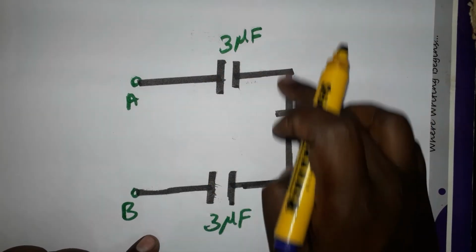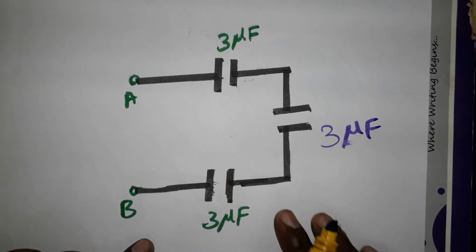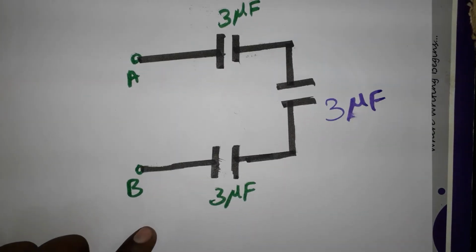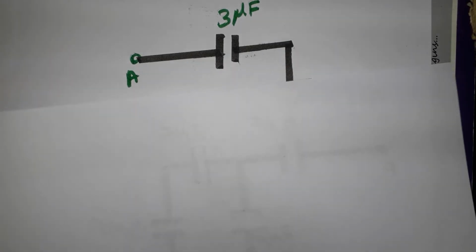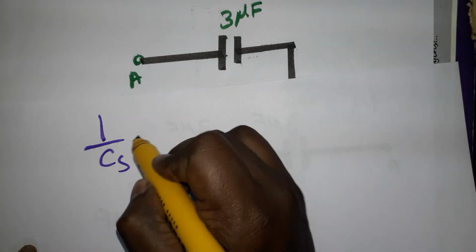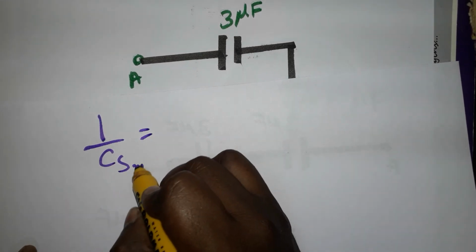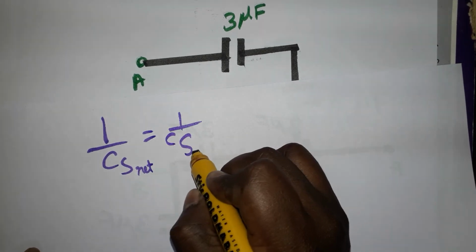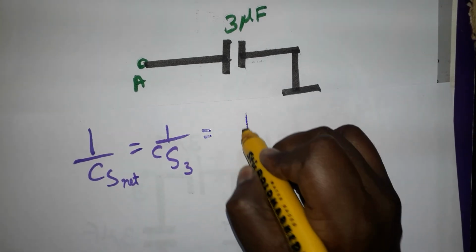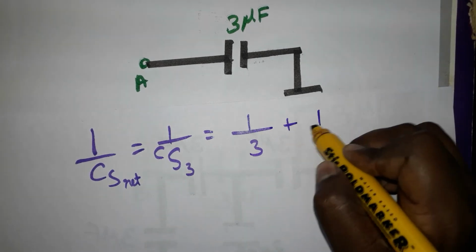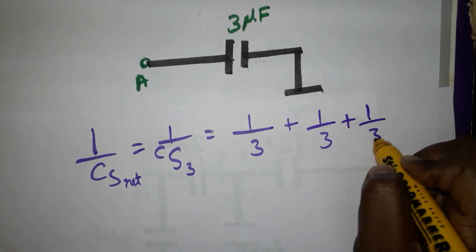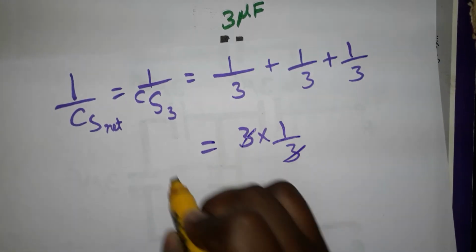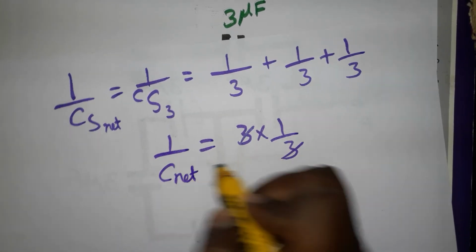Now you can see these 3 are in a series. Already I told you what the series formula is. The series formula is 1 by CS is equal to the final answer, the net value, otherwise the effective value. For this third series circuit, you can also call it 1 by CS3: 1 divided by 3 plus 1 divided by 3 plus 1 divided by 3. It's going to be 3 into 1 by 3, which gets cancelled. 1 divided by C net value is the effective value.